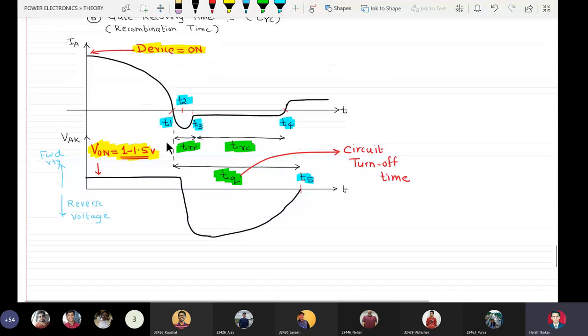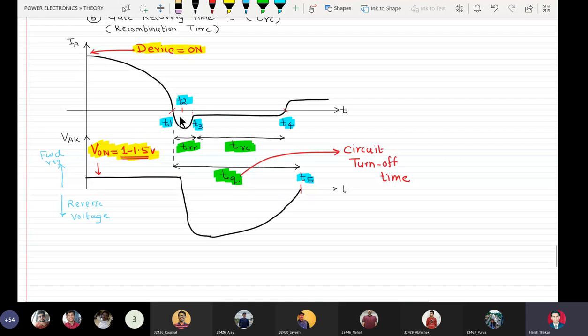So we see here it's very clear that at instant t equal to t1, the anode current becomes 0, and during the reverse recovery time, anode current flows in the reverse direction.